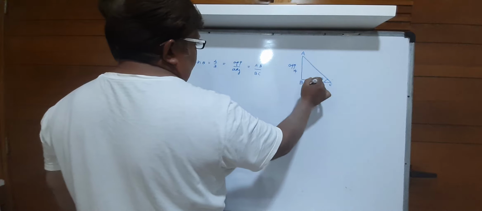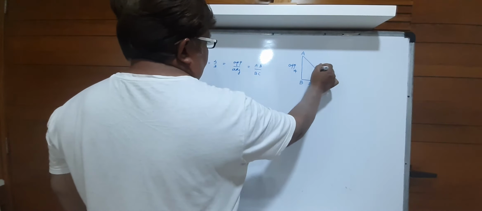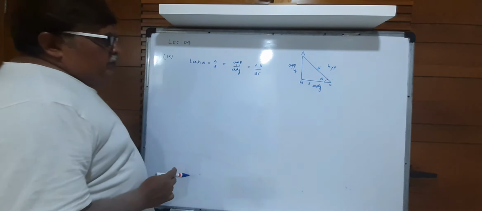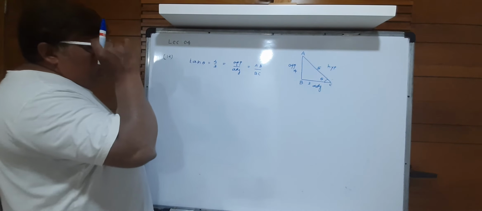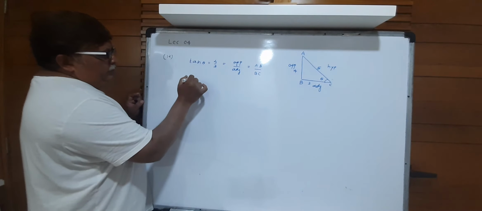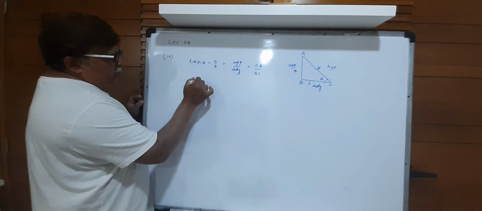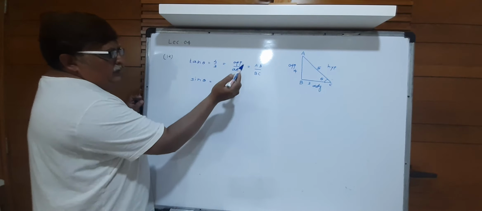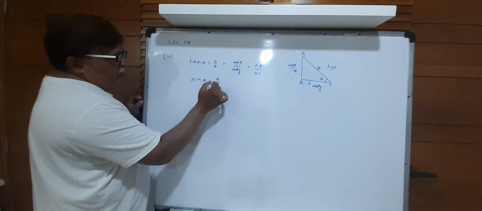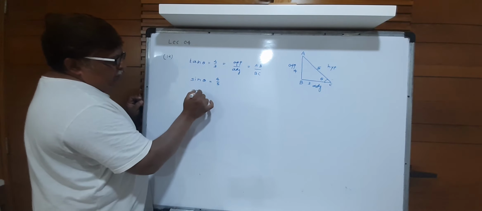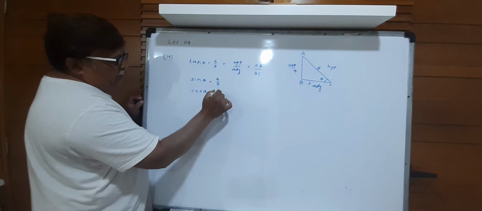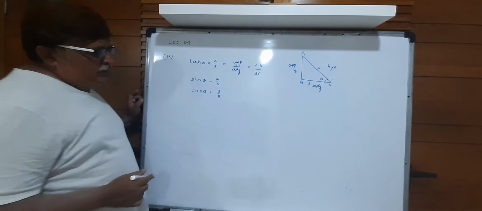You got this 4, this 3, and by Pythagoras you will get the hypotenuse. Now in the required expression, which trigonometric ratios do you need? Only sine and cos. Let us find sin theta, opposite upon hypotenuse. Okay. Cos theta, adjacent upon hypotenuse. You got it.